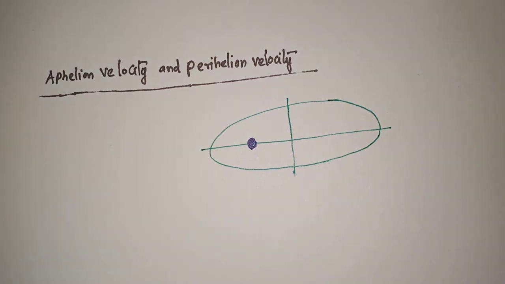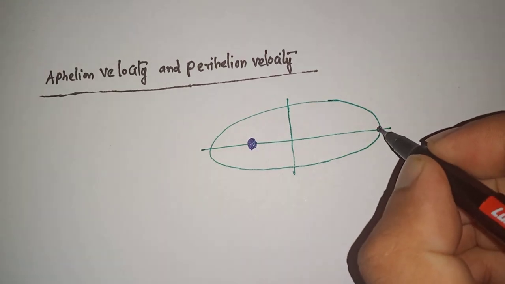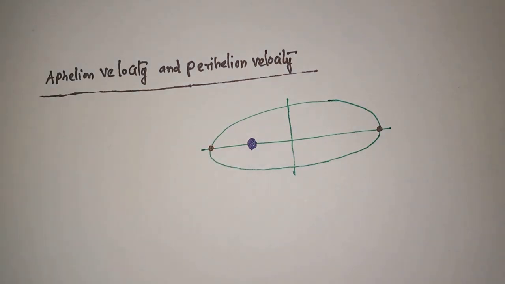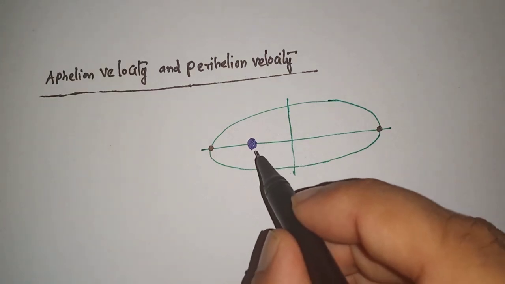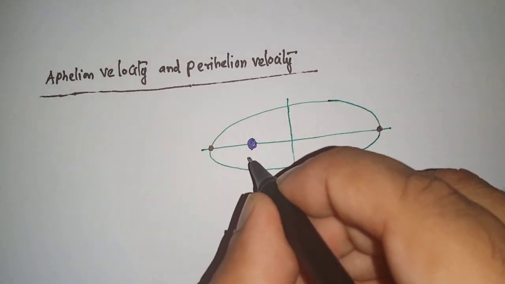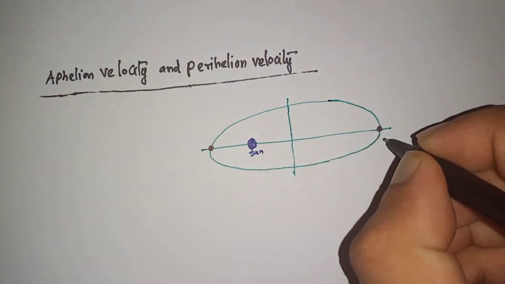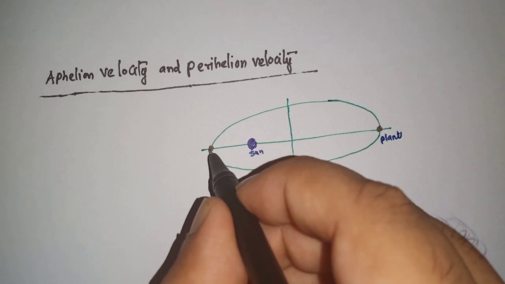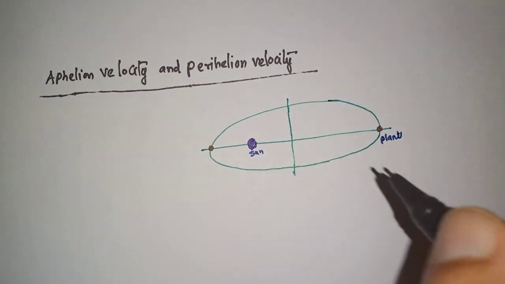Now let's say your planet is going to approach here, and your planet is also going to approach here at a certain time interval. If you see here, the distance from Sun to the planet, I will mark here. This is Sun. You have the planet position, and this is also a planet position at some distance from the Sun.